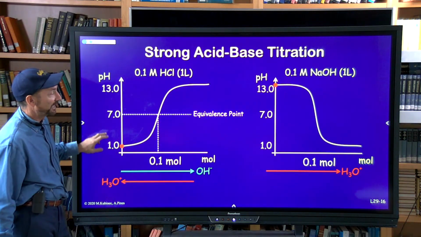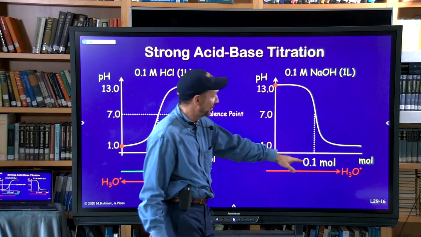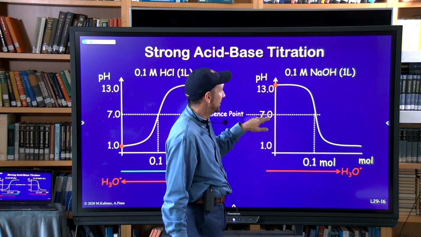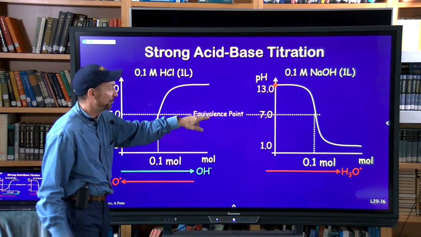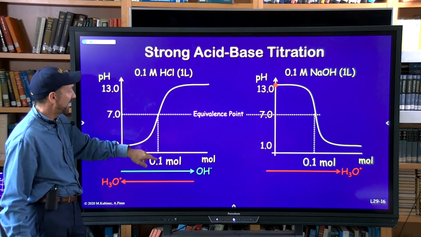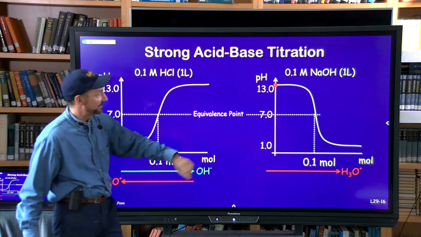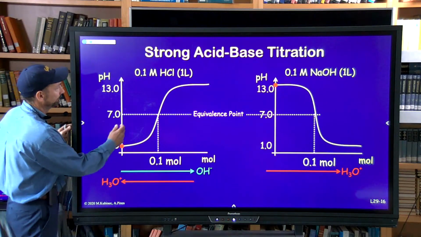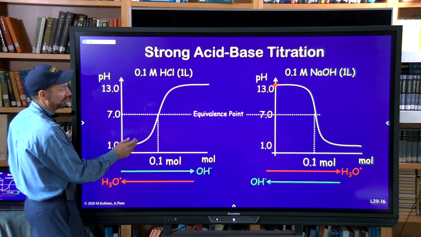You would still get to a point halfway through where you've added 1 mole of acid for every mole of base, what we call the equivalence point, and in that case, the pH is 7. Strong acid, strong base titration.